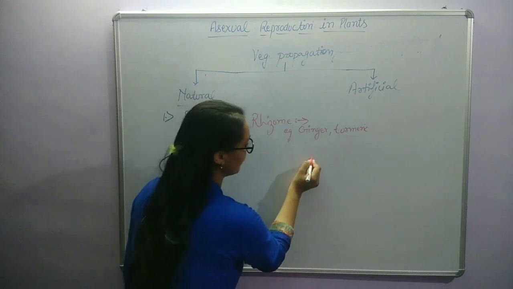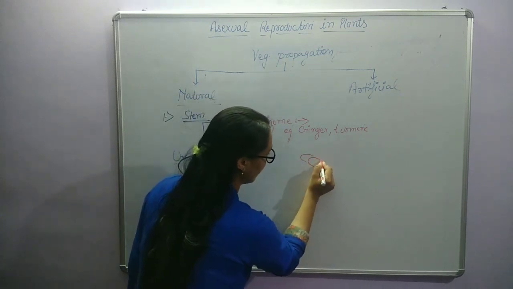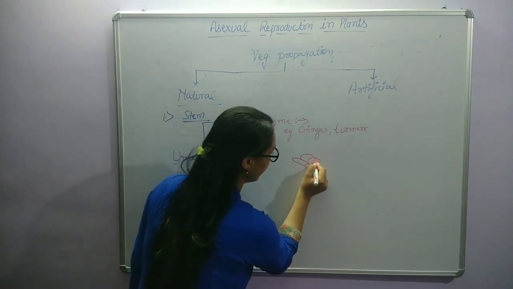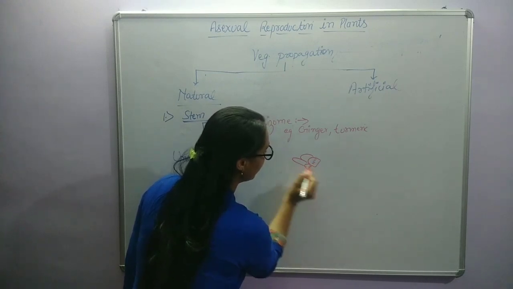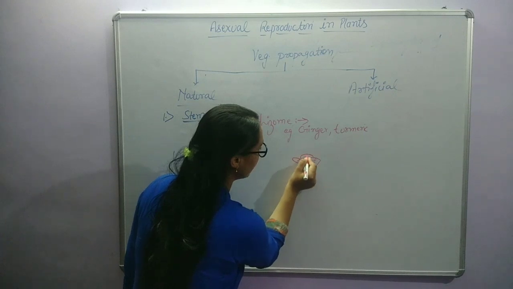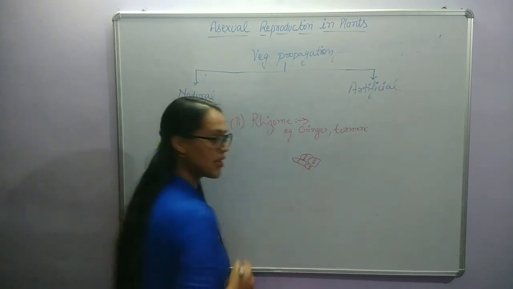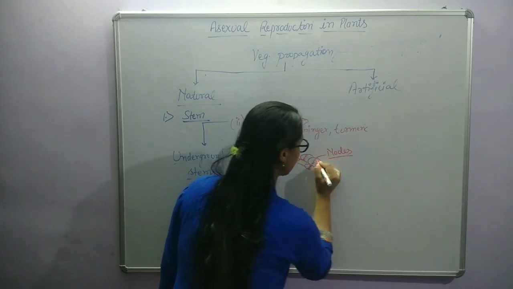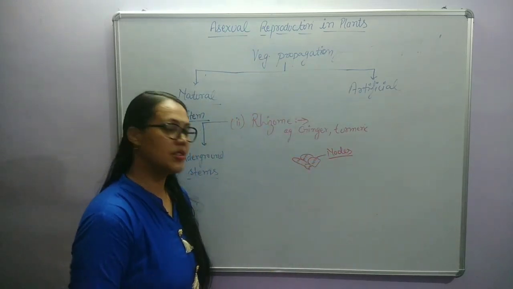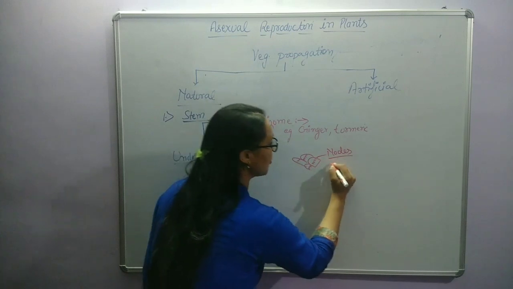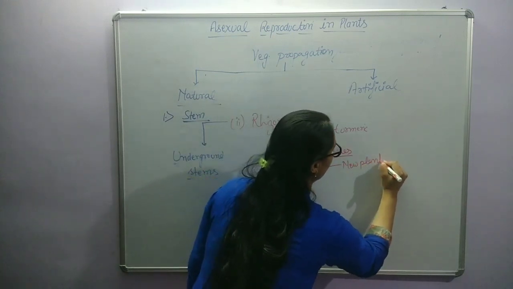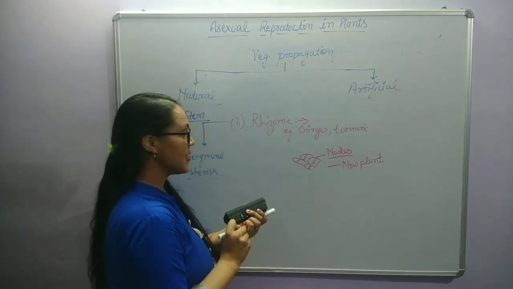In ginger also, there are striated marks on the surface of the ginger. These striations represent the nodes, and these nodes help in vegetative propagation, and these nodes will give rise to the new plant. So this was rhizome.